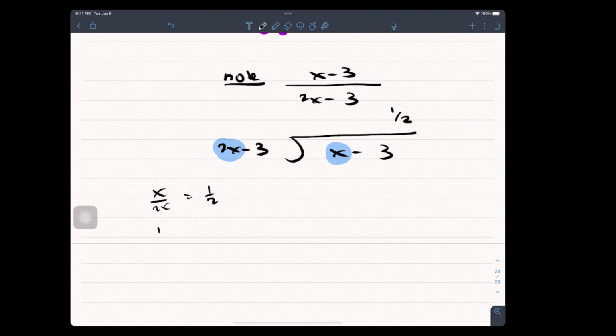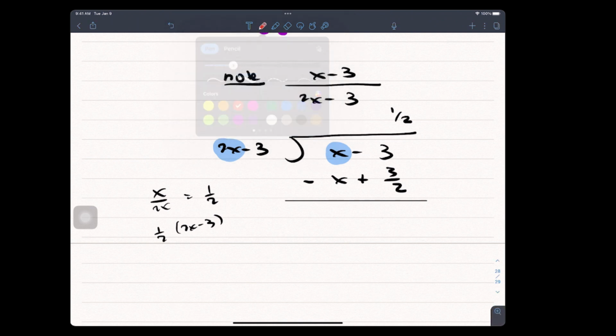Now 1/2 times 2x minus 3 is going to be x minus what? 3/2. Now subtract. Oh, really add. Change the sign. Now 3/2 is going to really become multiply the bottom by 2 and the top by 2, right?